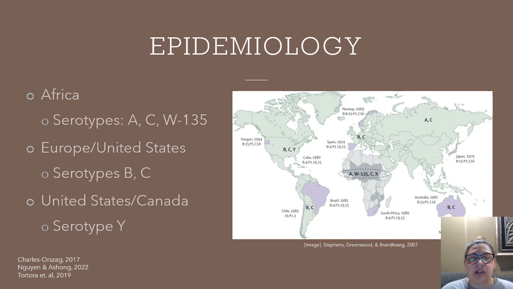The 3 meningococcal serogroups that most commonly circulate and cause disease in the United States are B, C, and Y. The map on the screen identifies what serotypes are found in what countries, and also shows incidence in the 1900s of cases in specific countries or states.